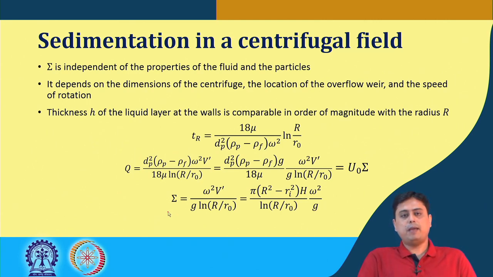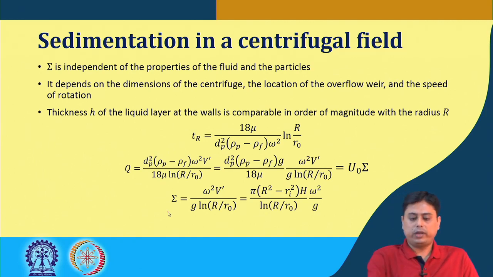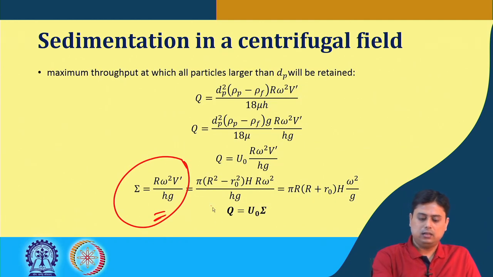It depends on the dimension of the centrifuge, the location of the overflow weir and the angular rotation speed. The location of the overflow weir indicates this height h.